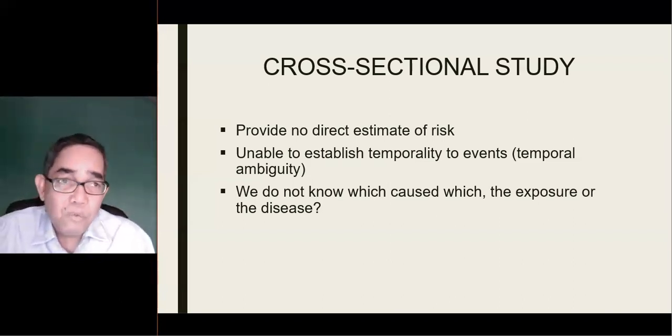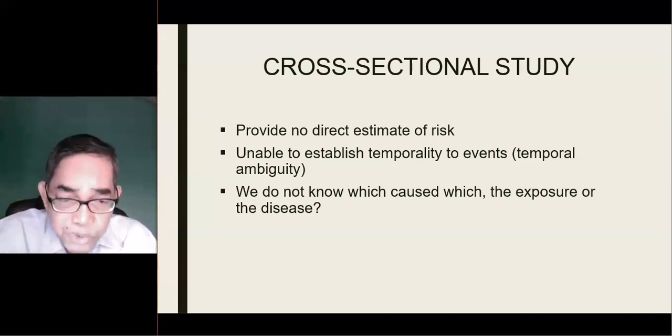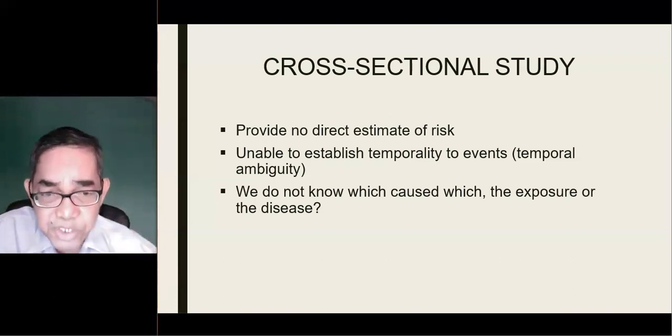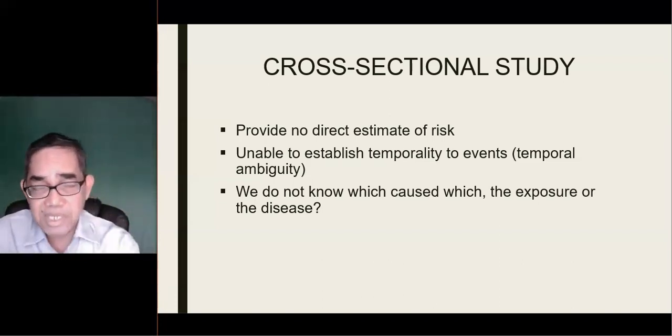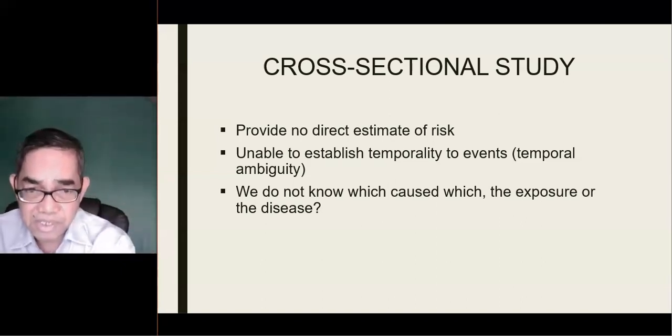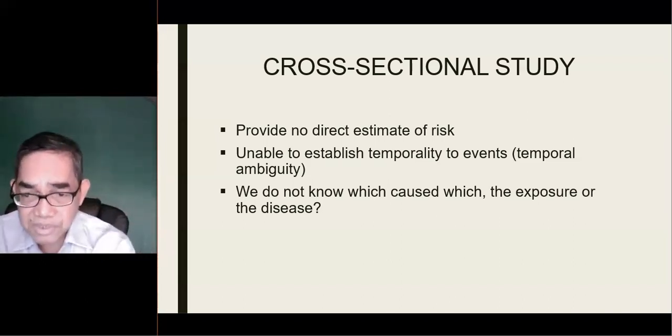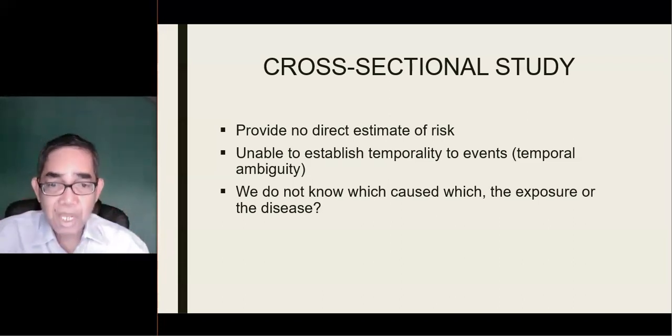A while ago, when we began the discussion of an analytic study, we told you that in the relationship between the exposure and the disease, the exposure must precede the disease. In a cross-sectional study, we cannot say that the exposure precedes the disease, precisely because we examine the population at one particular point in time.